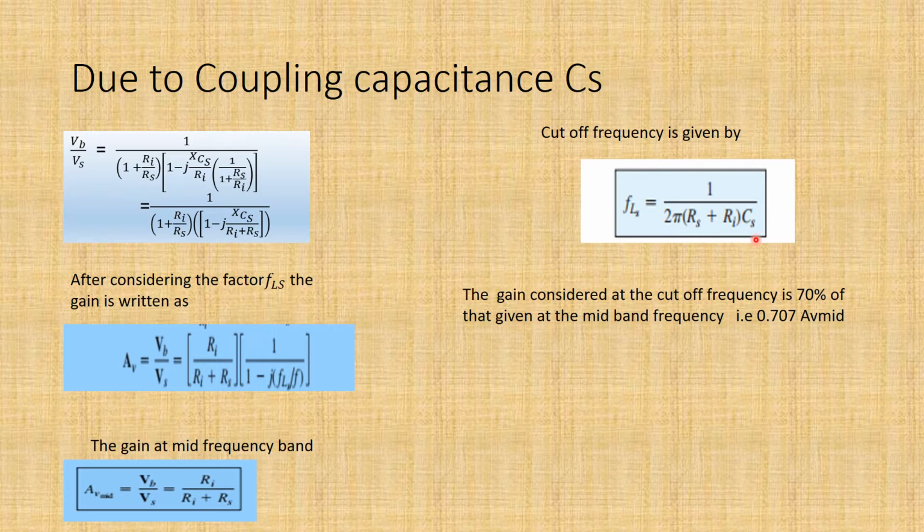So what we are doing is directly we are taking the RC combination at the input side and analyzing its effect at cutoff frequency and frequency below the cutoff frequency. So the gain at cutoff is considered as 70% of the mid-band gain. So it comes out to be 0.707 of the gain at mid-band frequency.